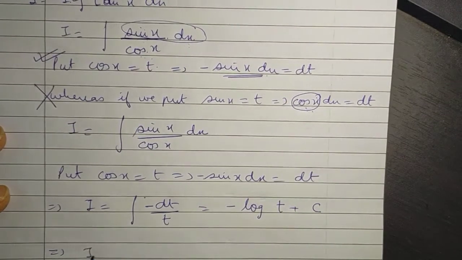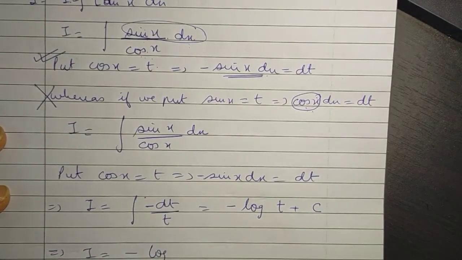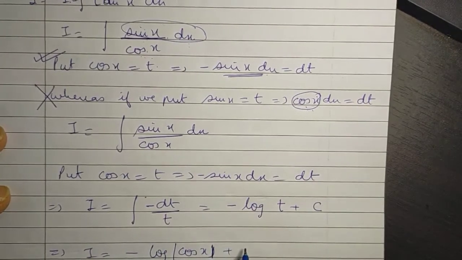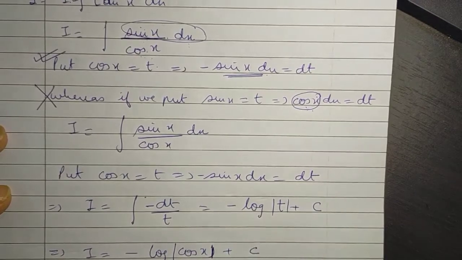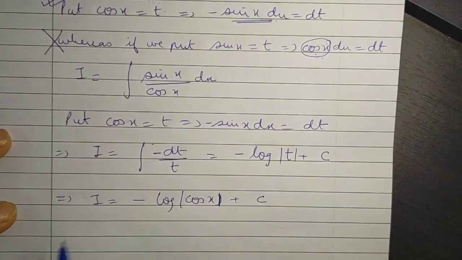Substituting back, we get I is equal to minus log cos x plus a constant.